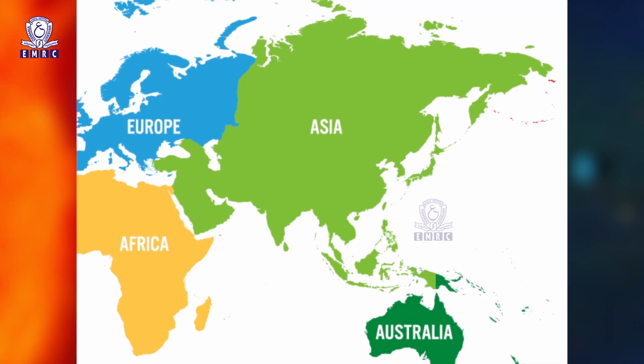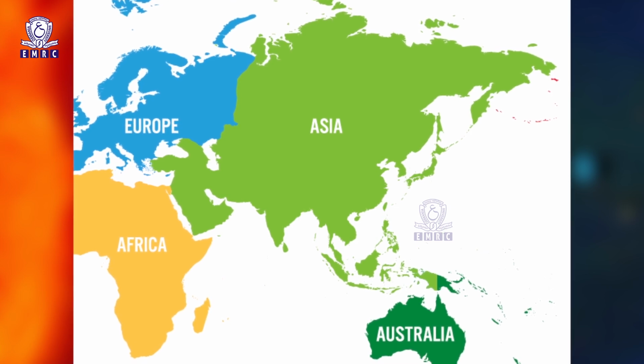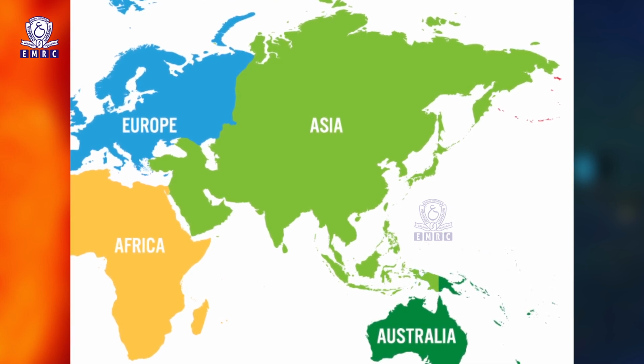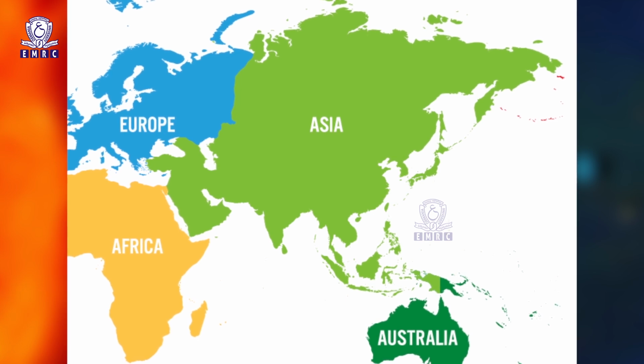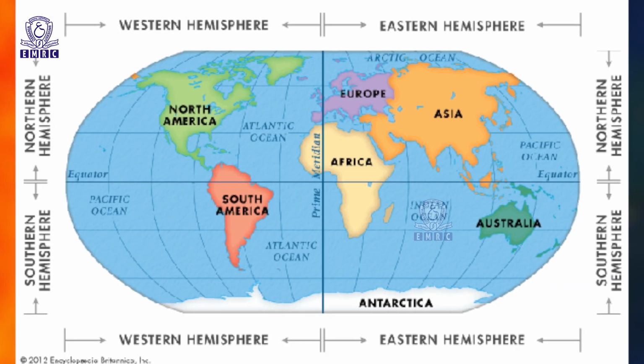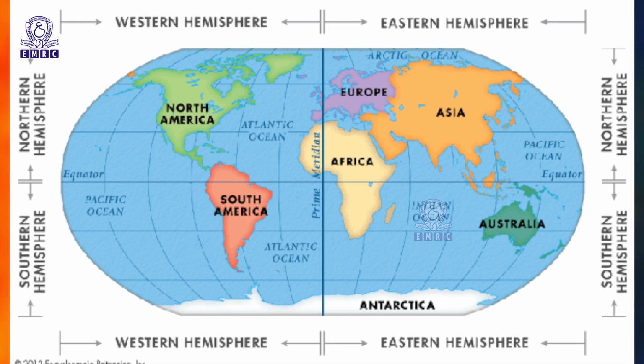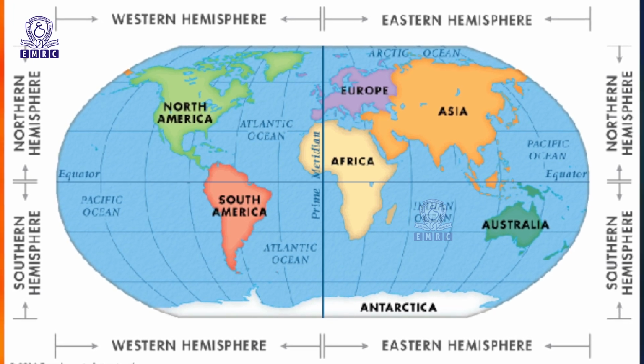A cursory look at the world map reveals that the greater part of the landmass lies in the northern hemisphere. Asia is the largest continent and it covers about 1/3 of the total land surface of the earth. Asia completely lies in the northern and eastern hemisphere.